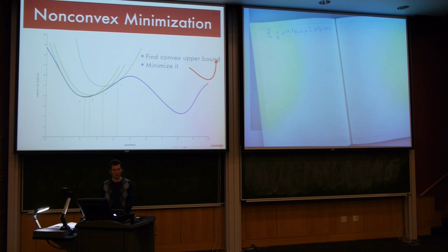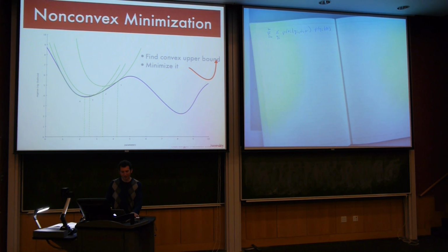It's also called DC programming, as in difference of convex functions programming. It's called the MM method, and it's also called the concave convex procedure. The fact that there are 4 communities which are more or less independently publishing this stuff suggests it's a really important algorithm and fairly fundamental.